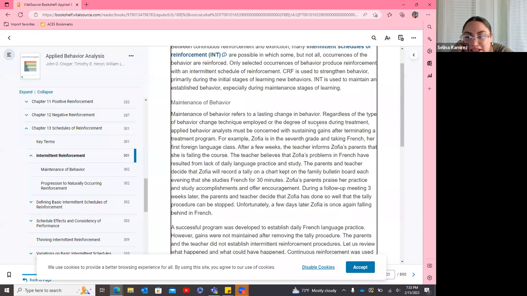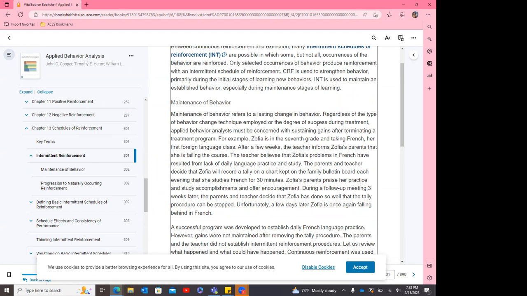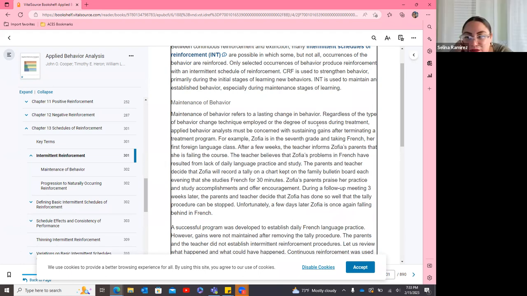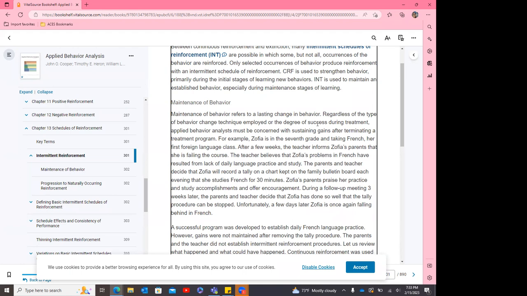So do you guys think that that program was successful or that that skill has been maintained? No, that's not been maintained. No. So we should have probably continued the tally program and continued to allow her to gain access to that reinforcement. Yeah.